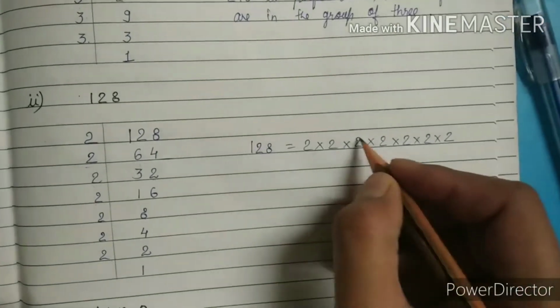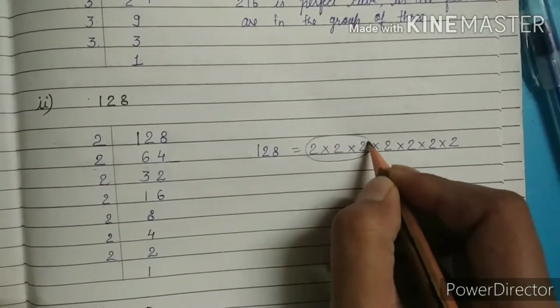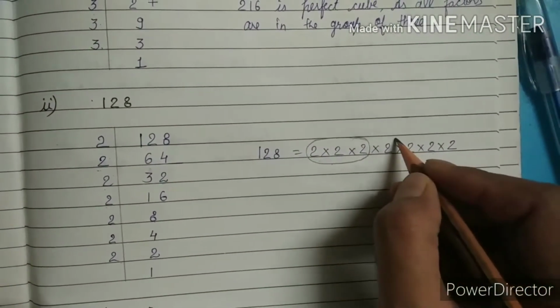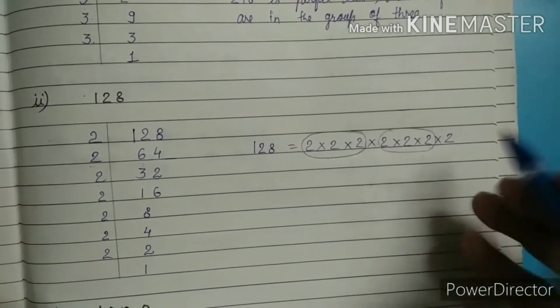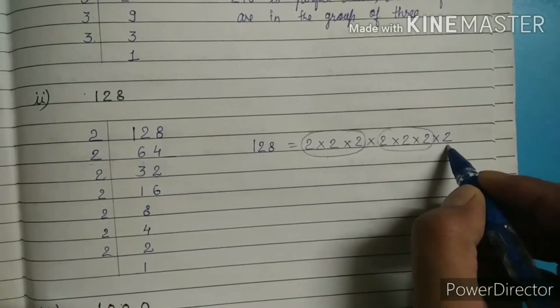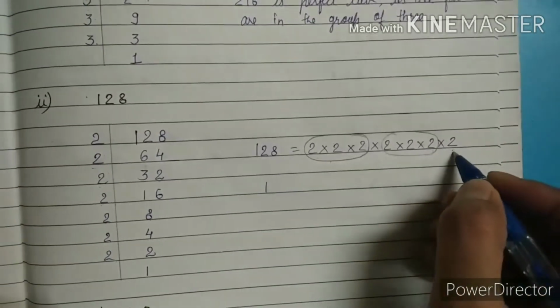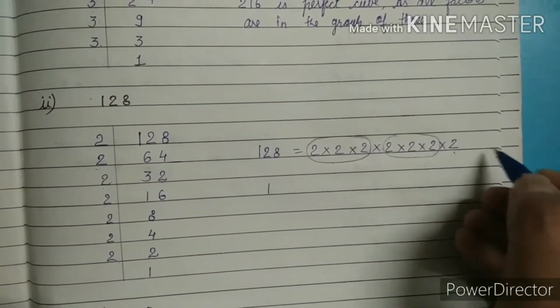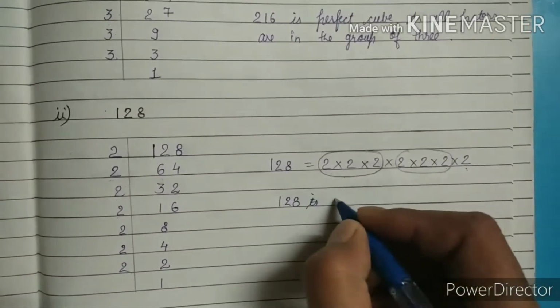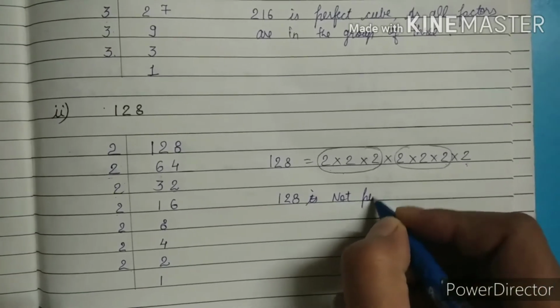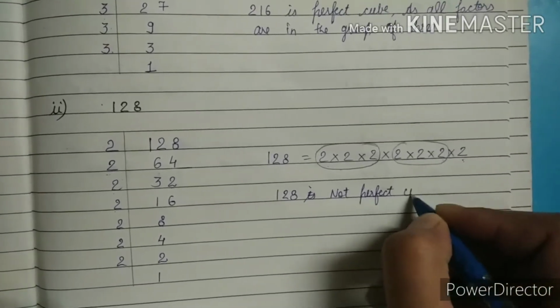As you can see, we have the first group of 3 twos and the second group of 3 twos. In it we have one extra 2, which does not have a group of 3 with remaining twos. It means 128 is not a perfect cube.